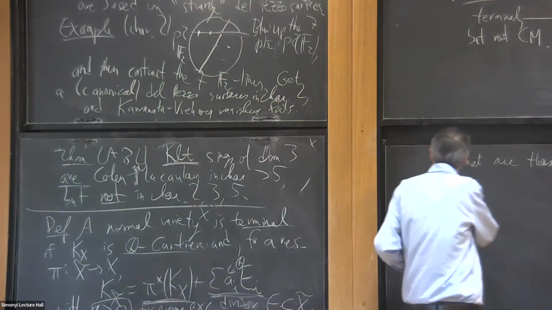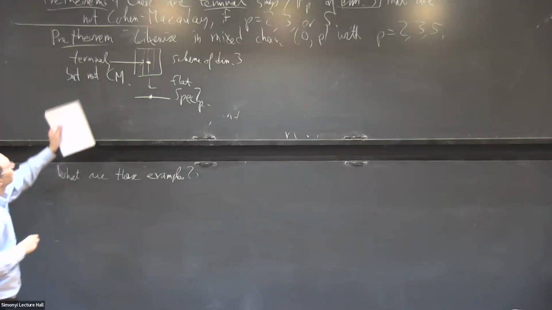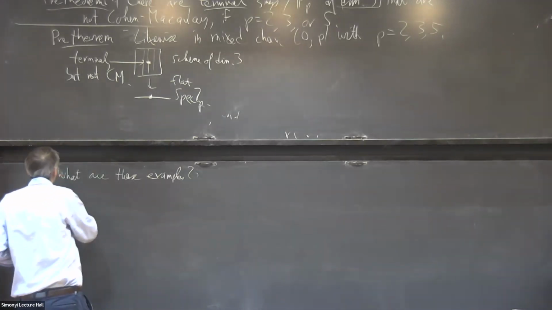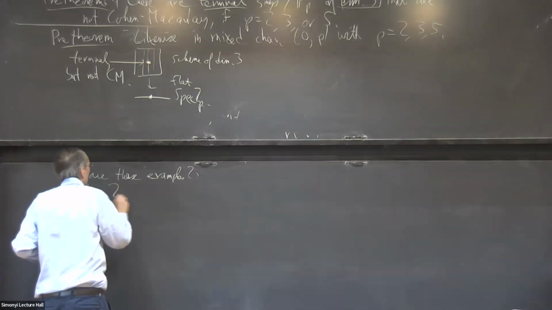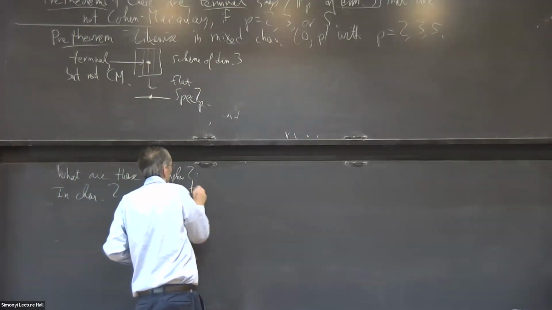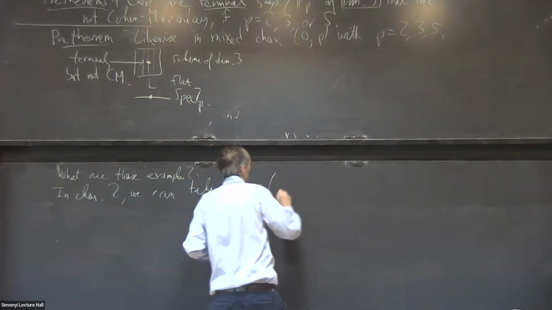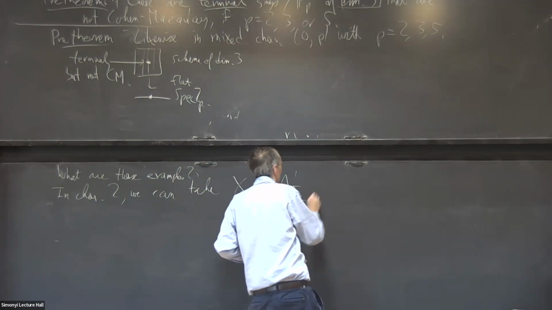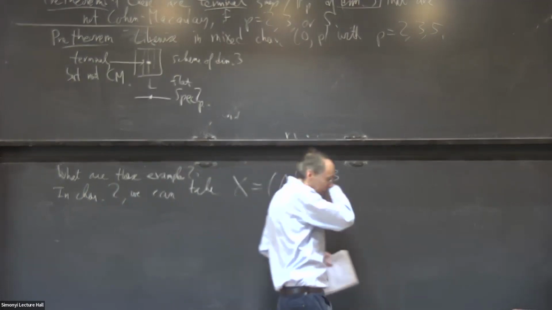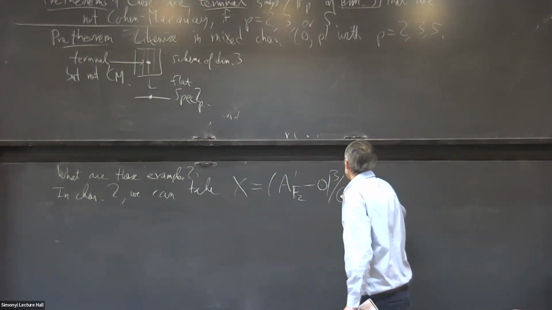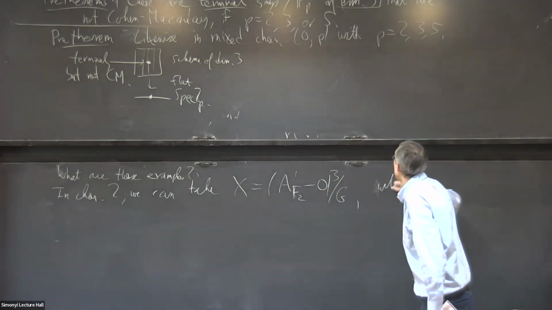I think the simplest one is the one in characteristic 2. In characteristic 2, we can take the singularity to be the product of 3 copies of the affine line minus the origin, divided by the action of the group of order 2.